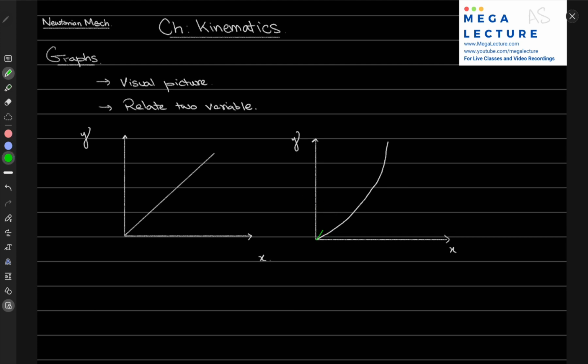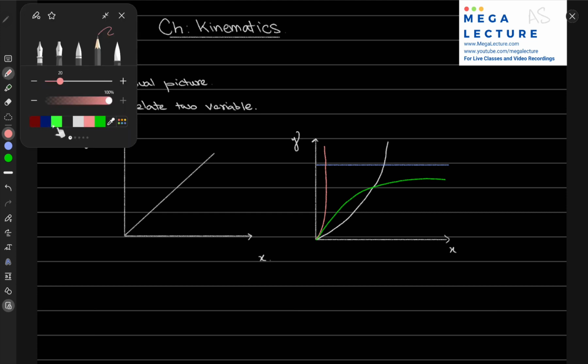Maybe something that looks like this, it could even be a line that is like this, and you could also have something that looks like this. Well, it's not really like this, but maybe something that looks like this, which is really parallel to the y-axis. So you can have multiple options really.